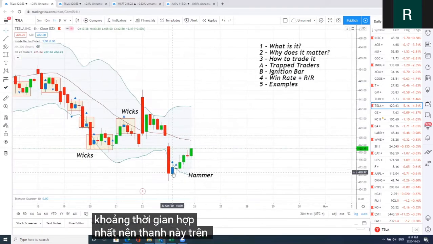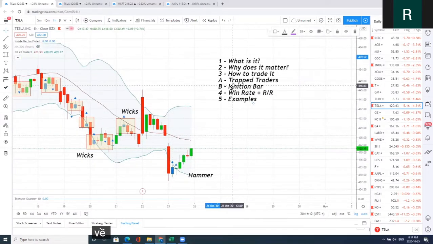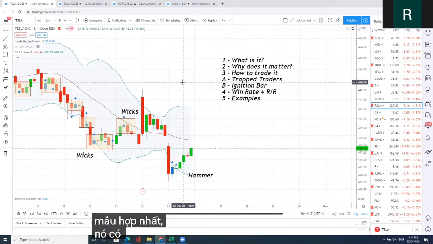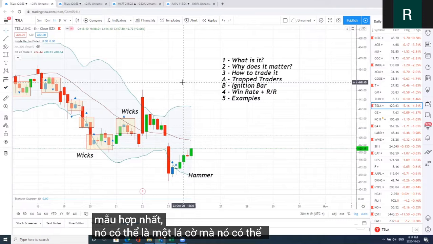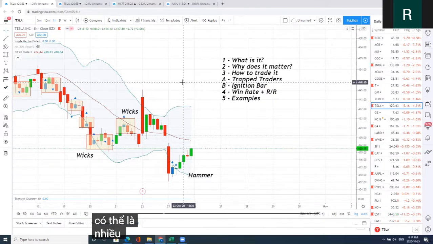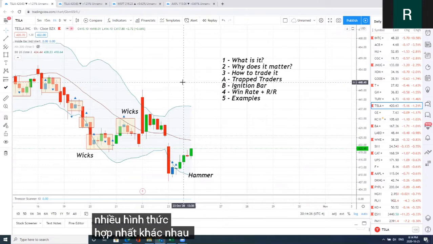So this bar on a lower time frame is essentially a flag or some type of consolidating pattern. It could be a flag, a triangle, a pennant, or many other different forms of consolidation, but it's a period of rest in the market.